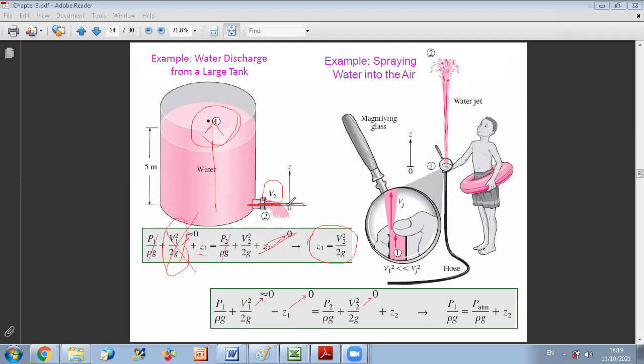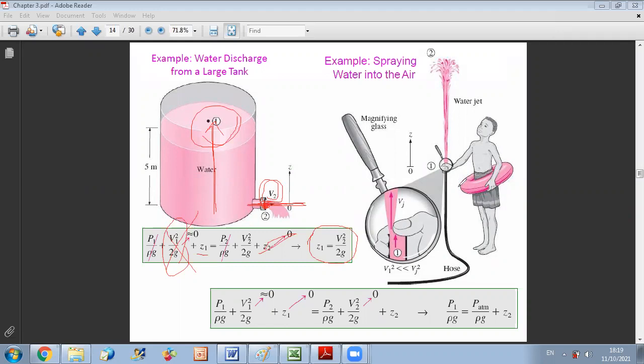So the potential energy at point 2 is 0, while the kinetic energy is very large, as opposed to point 1. At point 1, the kinetic energy is nearly 0, while the potential energy is considerably large. So from 1 to 2, we have transformation of potential energy into kinetic energy.